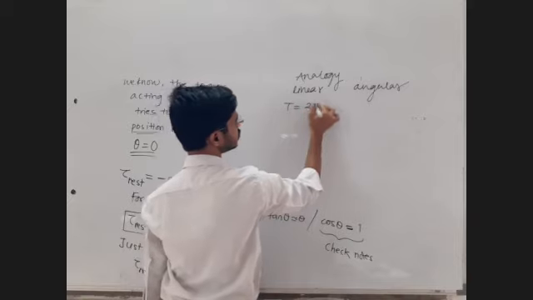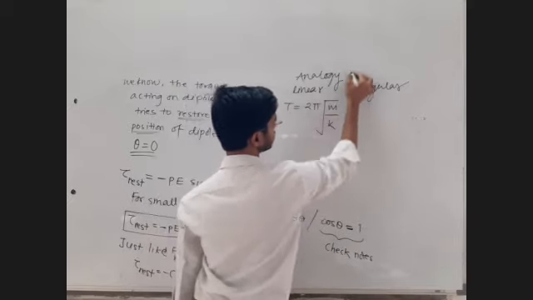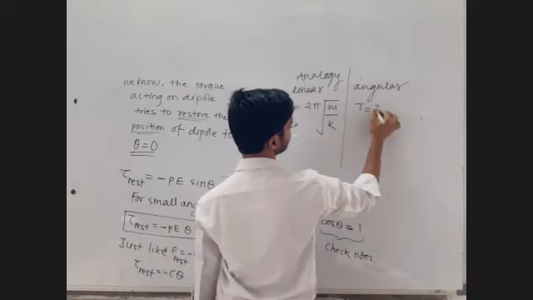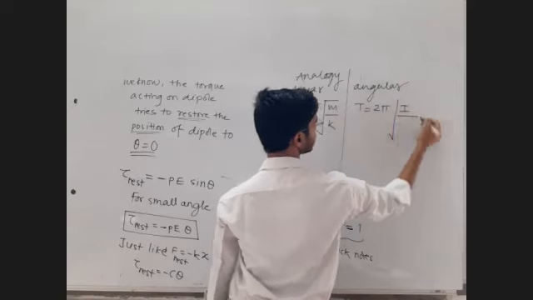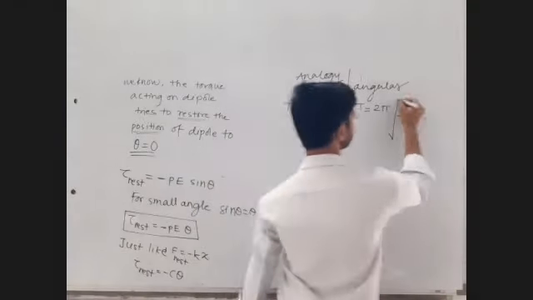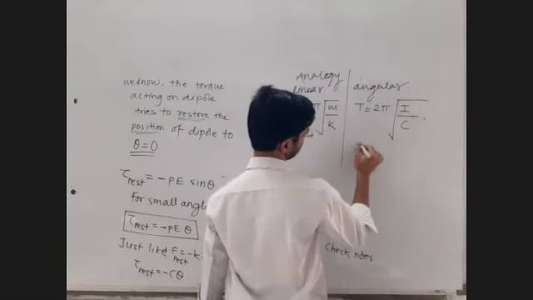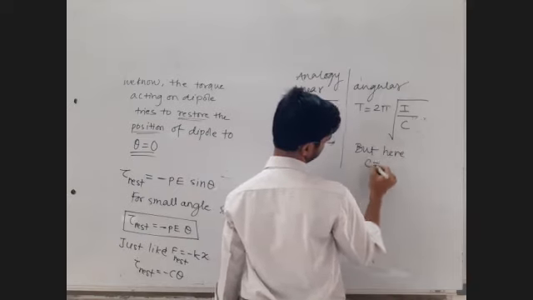Time period is 2 pi into root of m upon k, and here you have the analogy of time period: 2 pi into root of moment of inertia, as the analogy of mass is moment of inertia. This k analogy is c. But here c is equal to what?